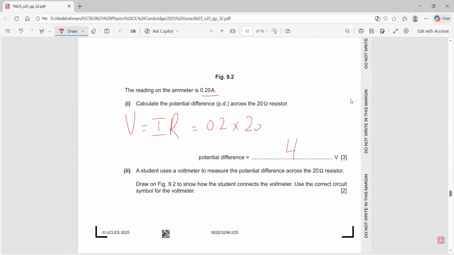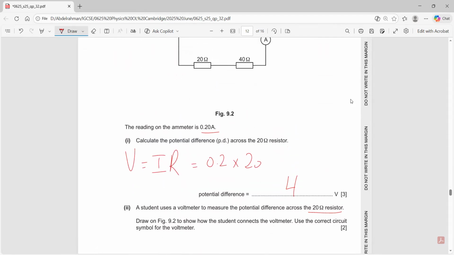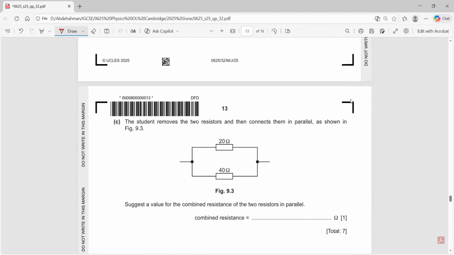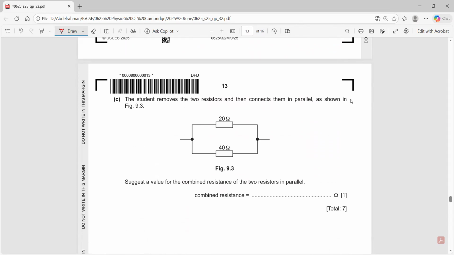A student uses a voltmeter to measure the potential difference across the 20 ohm resistor. Can I draw the voltmeter? Yes, I can draw the voltmeter. You can either draw it above the resistor or below the resistor. Suggest a value for the combined resistance of these two resistors.